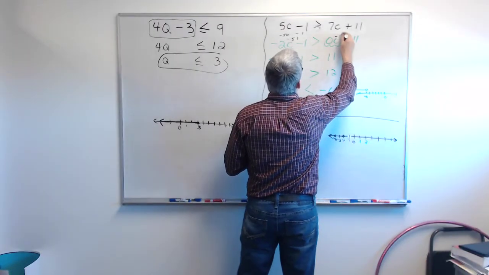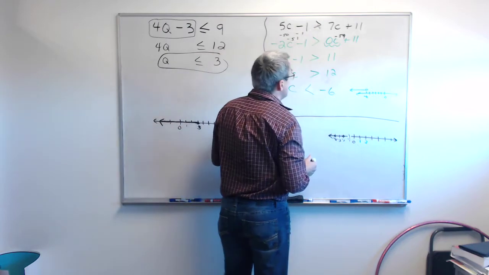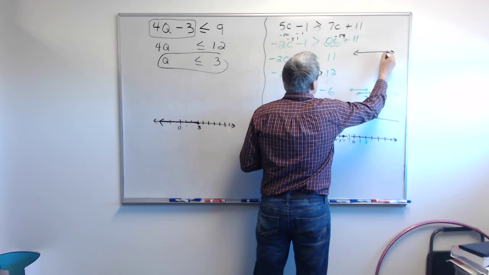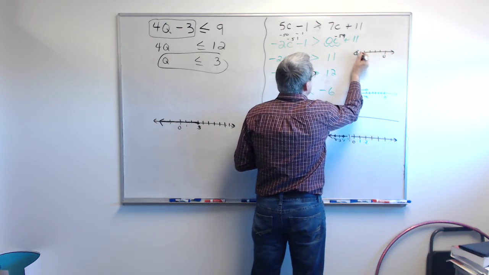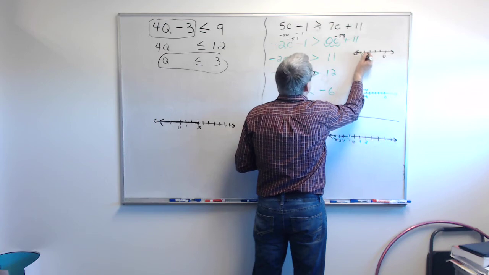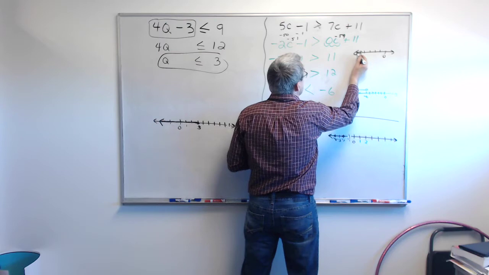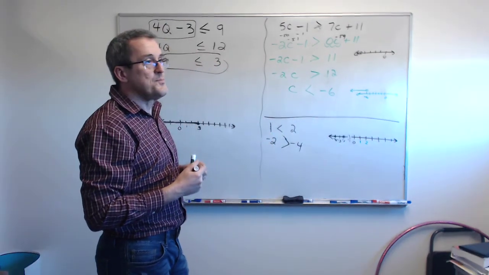Negative 59, I believe. Negative 51 is indeed greater than negative 59 because on a number line, 10, 20, 30, 40, 50, 60. Negative 59 would be about here. Negative 51 would be about here. Negative 51 is on the right side of negative 59 by a little bit. And so that statement actually is true.